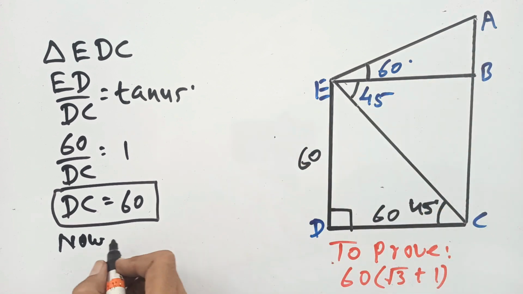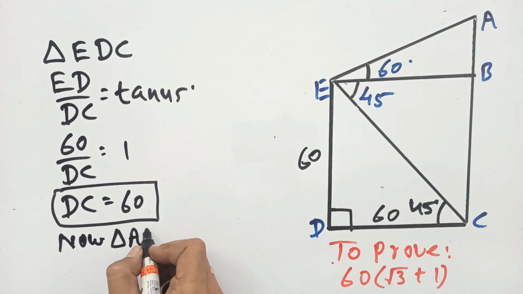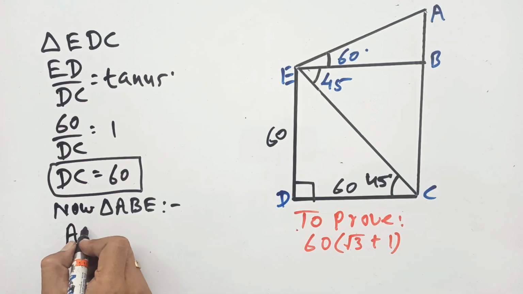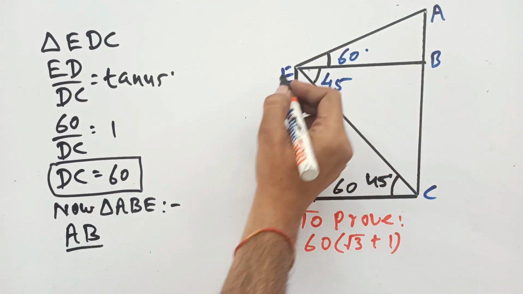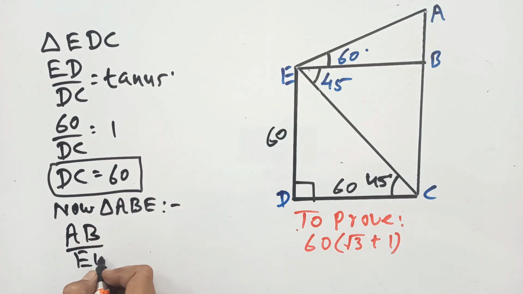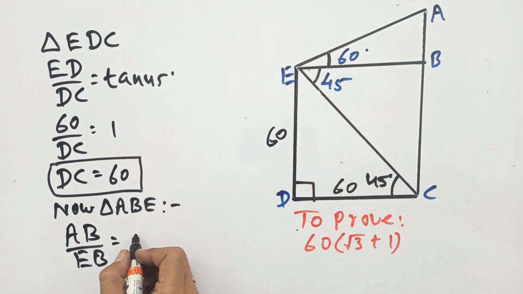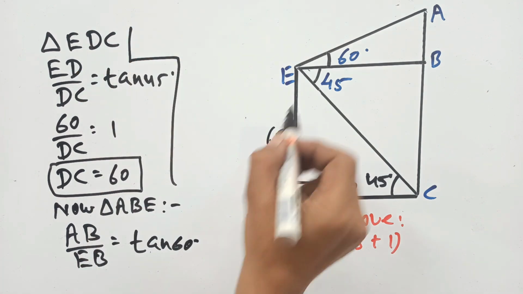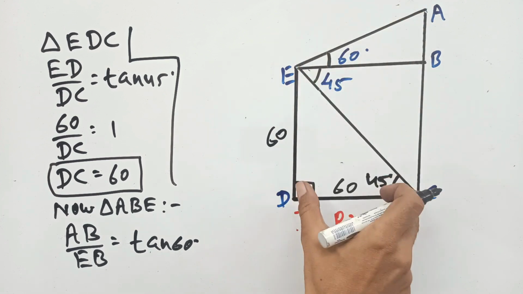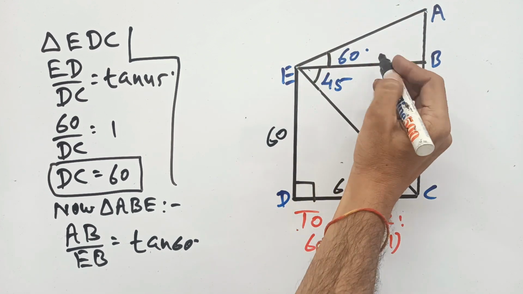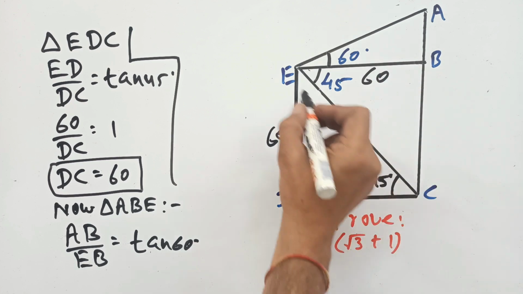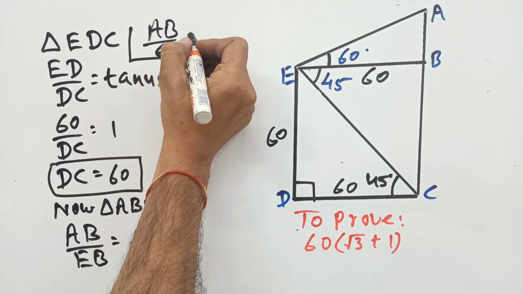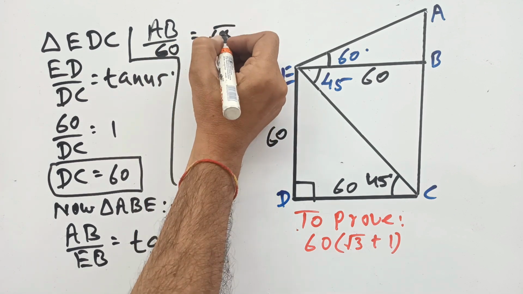Now in triangle ABE, AB upon EB is tan 60. So listen here student, this is a rectangle, 60, so this will also be 60, DC equal to EB. Tan 60 is root 3.